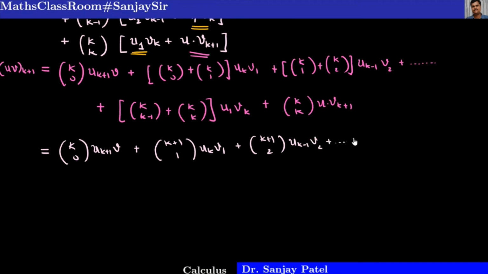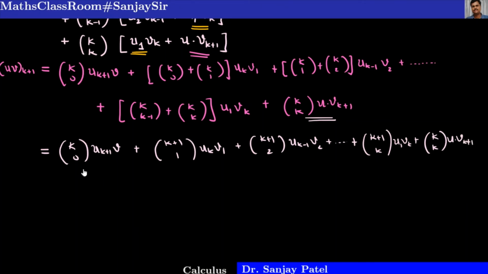So plus and so on, plus for the terms kC(k-1) and kCk, we can write adding 1 to the k value and writing the maximum of k minus 1 and k as k. So it is k plus 1 Ck into u1 into vk, plus the last term we are writing as it is, that is kCk into u into v(k+1).